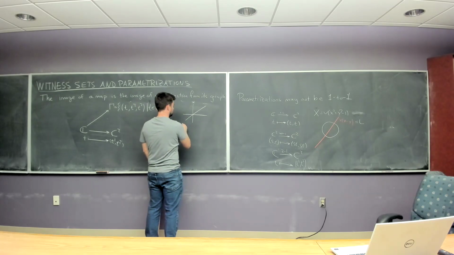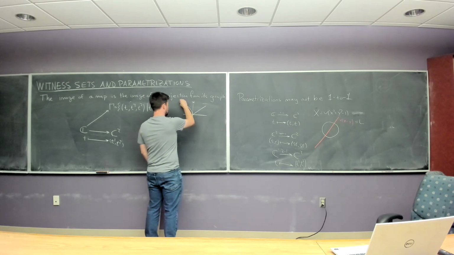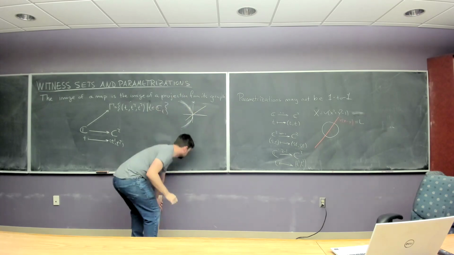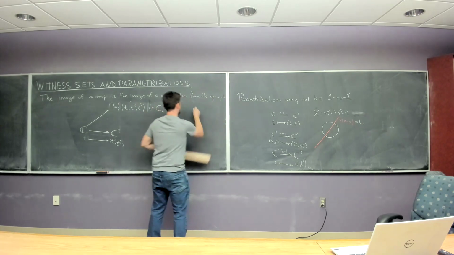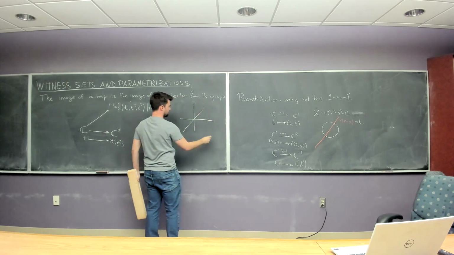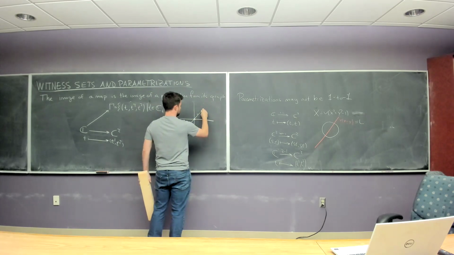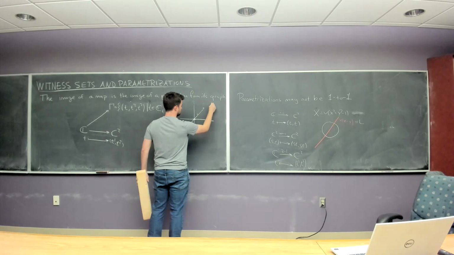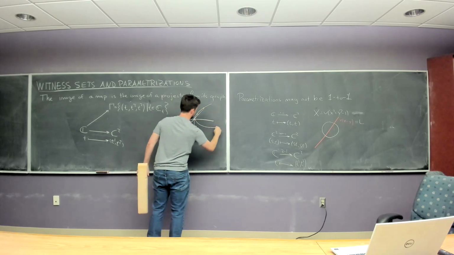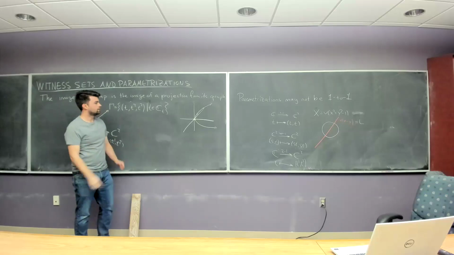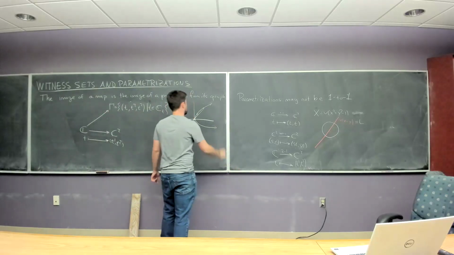When t is 0, we get the origin. When t is 1, we get (1, 1) here. When t is 2, we get (4, 4) here. So that's the curve in 3-dimensional space, which is the graph.